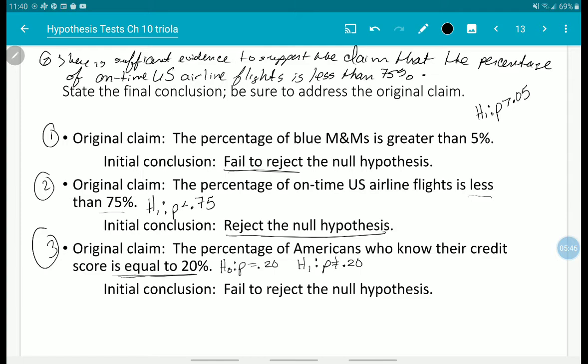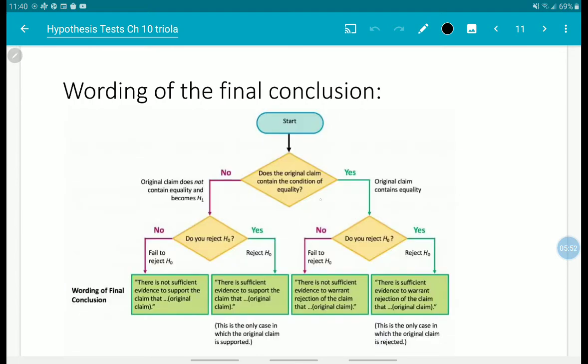Okay, but because this is an equality statement and we're going to fail to reject, so because this is an equality statement, we're following this side. And then we were going to fail to reject. So this is how we're going to phrase this. There is not sufficient evidence to warrant rejection of the claim.